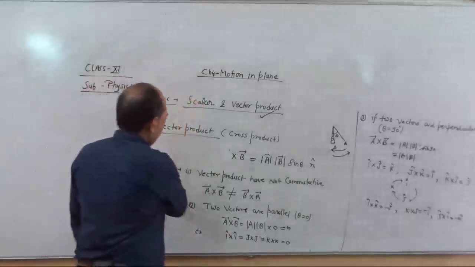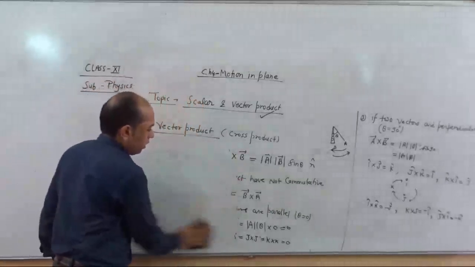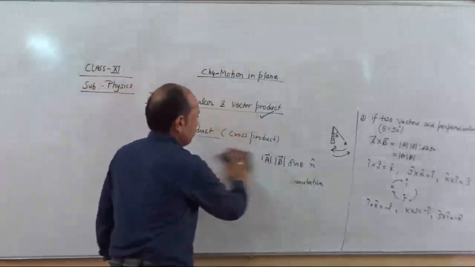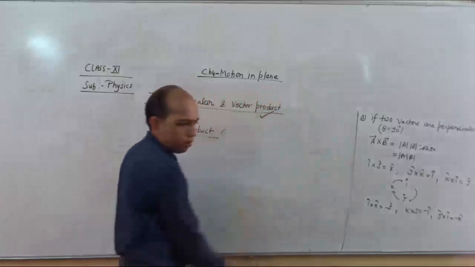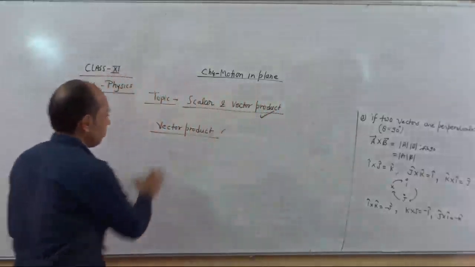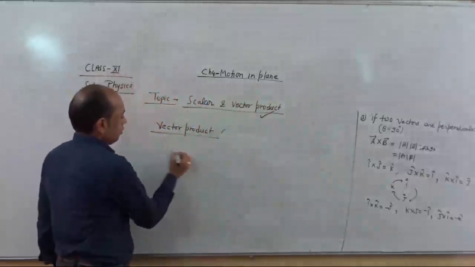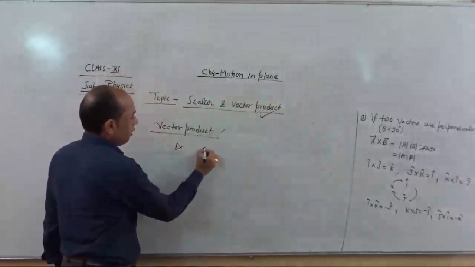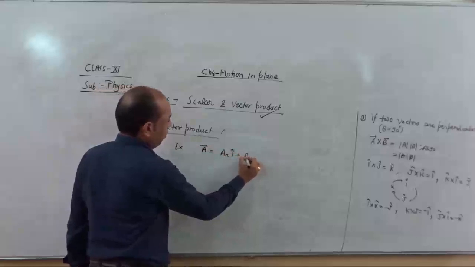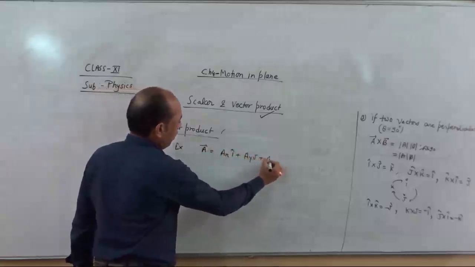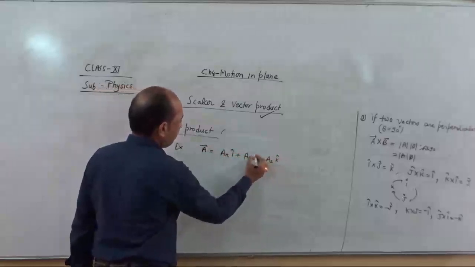Now we take the last one, how to multiply. Here we always use the matrix method. For example, if I take A as Ax I cap, Ay J cap, and Az K cap.